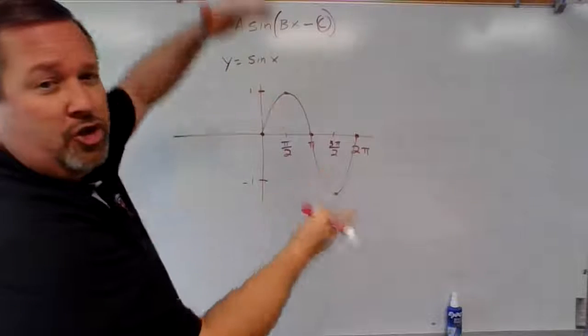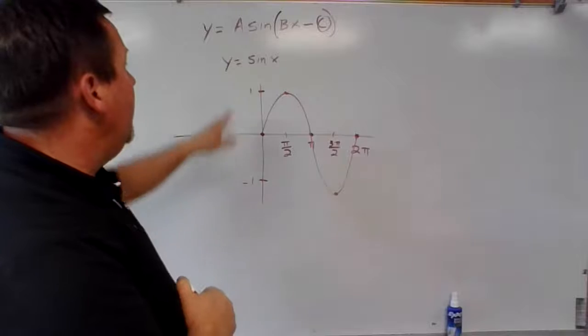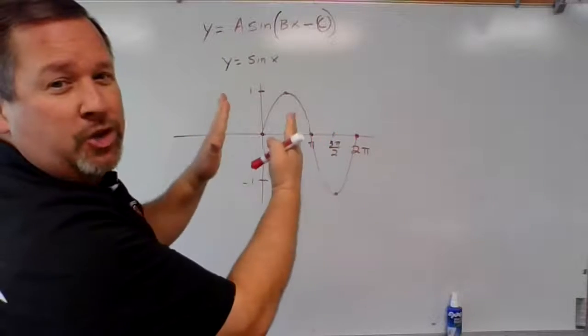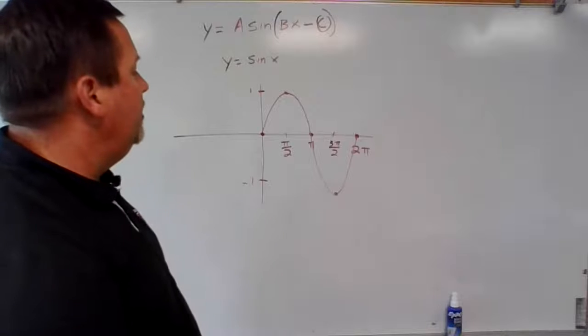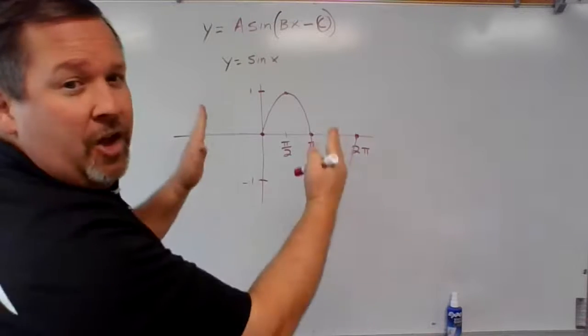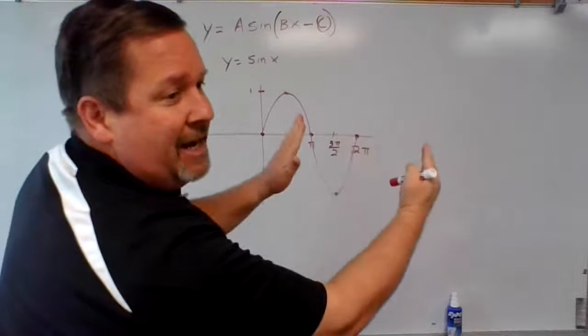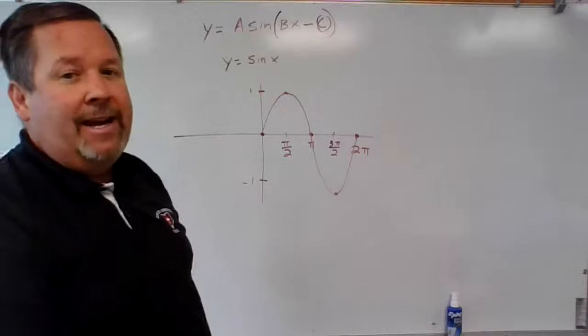If I wanted to stretch this high and low, to make it taller, I could change the amplitude. If I wanted to squish it together or pull it wider, I could change the period. But what we're looking at today is taking the whole graph and sliding it one way or the other, and that's our phase shift.